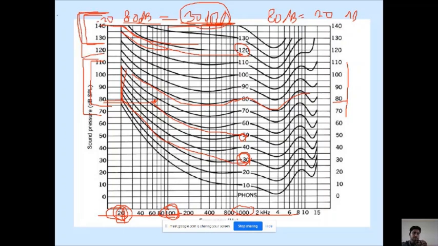So in this area we use dB C weightage. In the middle and lower area, we can use dBA. So obviously for interior work, as interior designers, we will use mostly dBA, decibel A weightage, because we are more concerned about how we feel the sound, how loud we feel the sound, right?